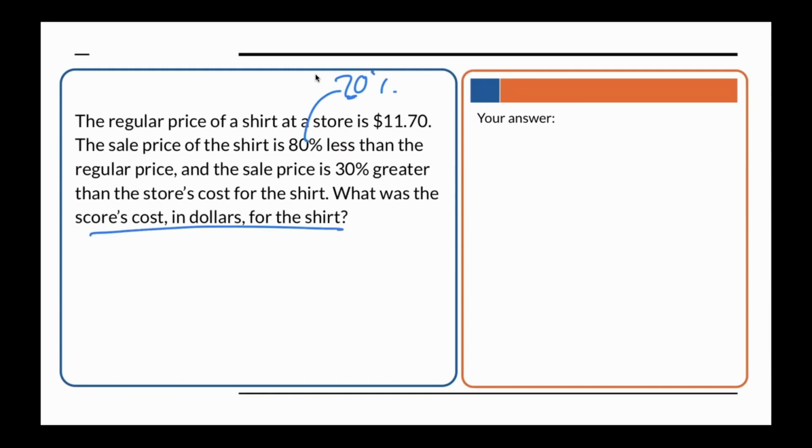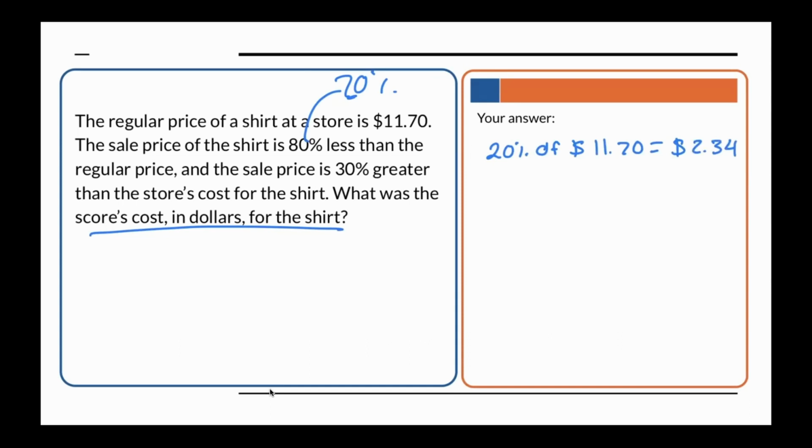So we have 2 steps here. The first is we have to find the sale price, which is 20% of $11.70, which if we use our calculator, do 0.20 times 11.70, and I get $2.34.